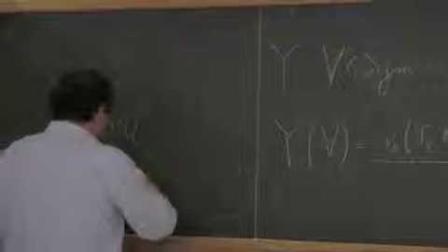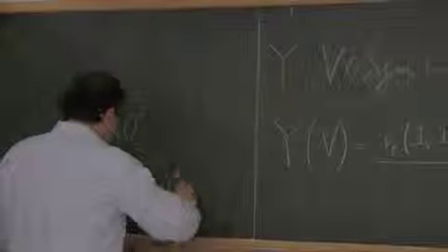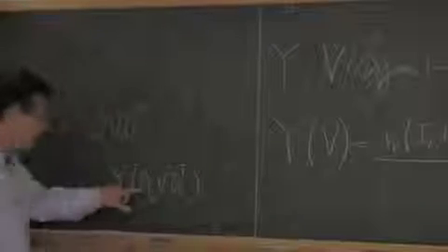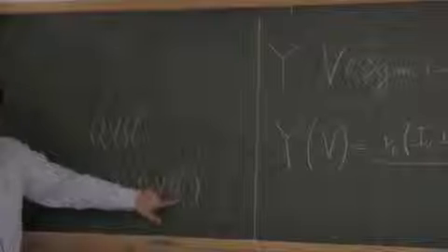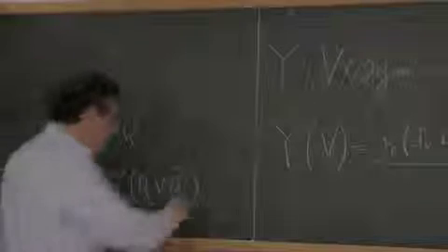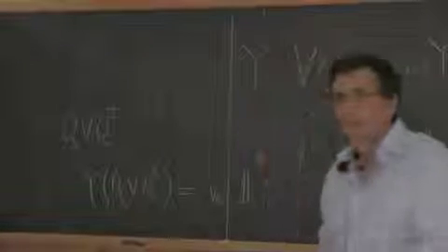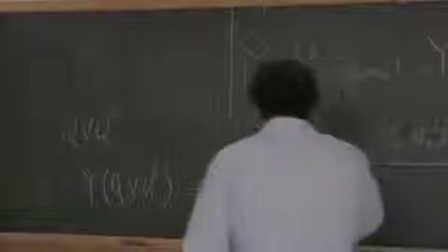We do the calculations and that's it. Y of Q V Q transposed is equal to V0 times identity. This is invariant. Plus V1, which is invariant.